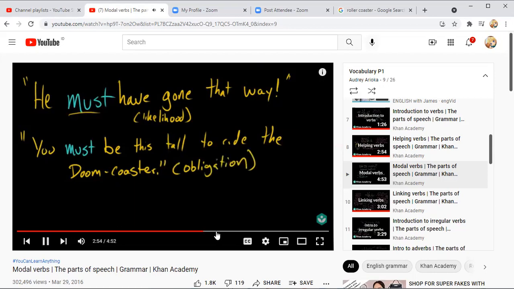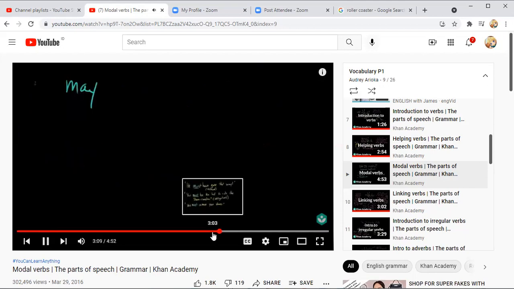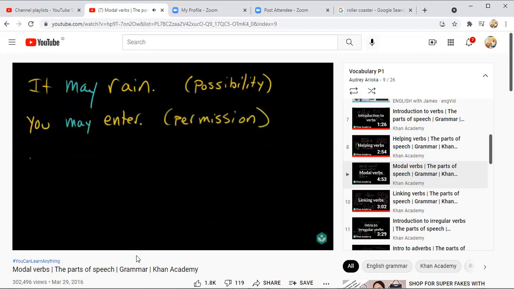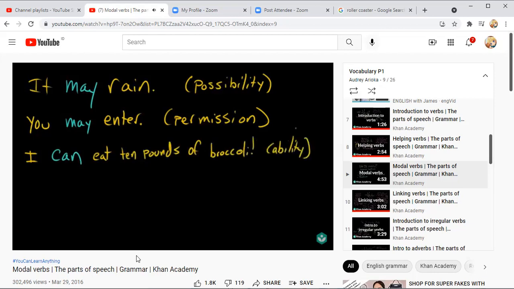And then similarly, with may, we can use may to express a possibility, like saying it may rain. That's something that expresses your ability to do a thing. We also use modal verbs like this to talk about conditions or stuff that isn't going to happen or maybe could happen.